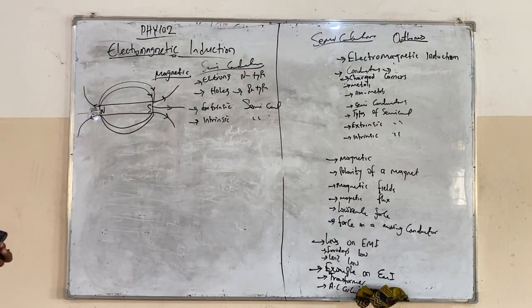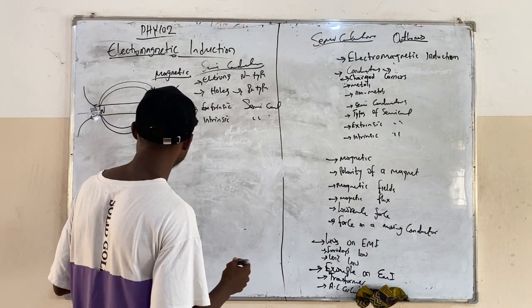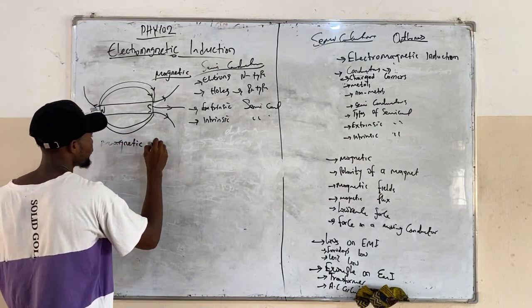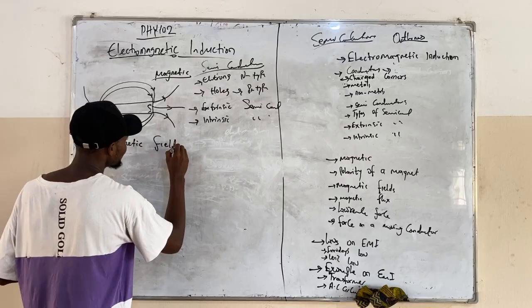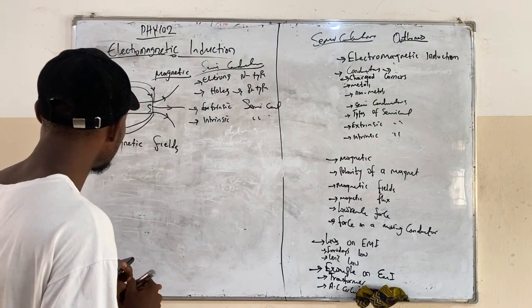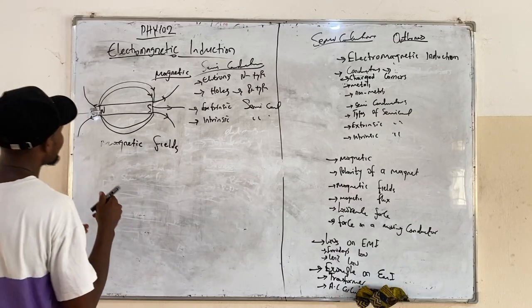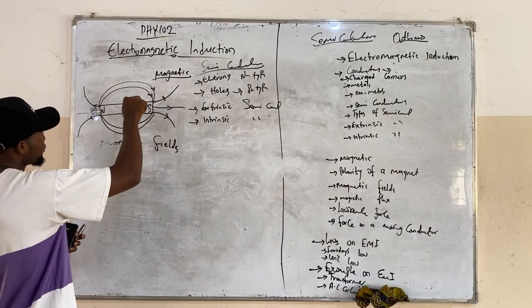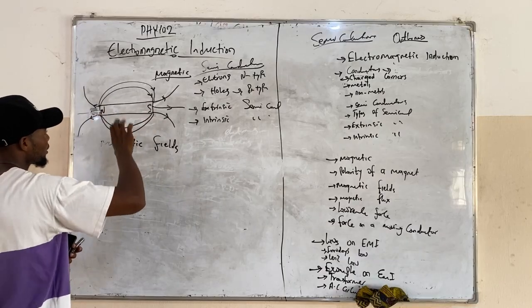So magnetic fields are regions of space around a magnet where the magnetic tendencies are felt. So these magnetic lines of force are components of what? A magnetic field.